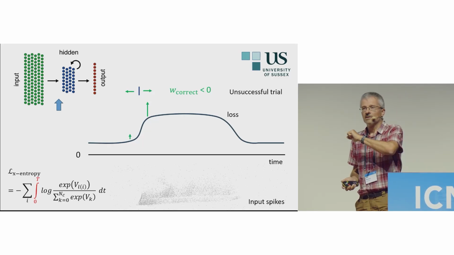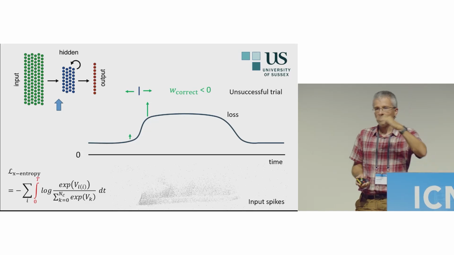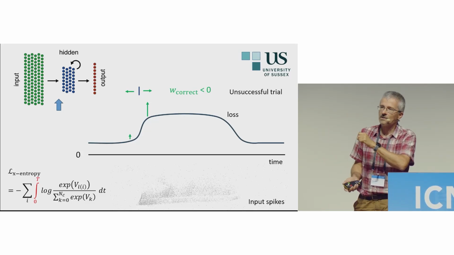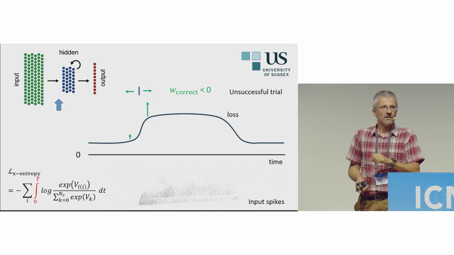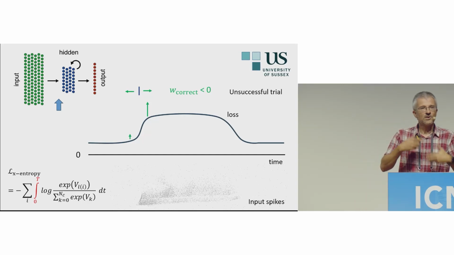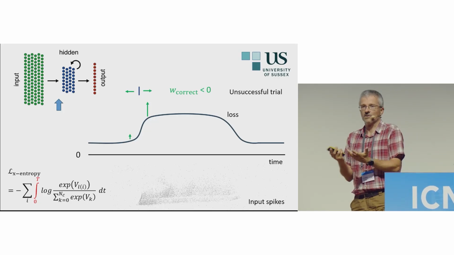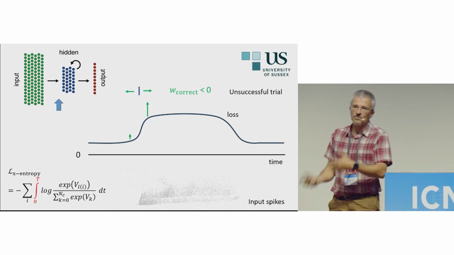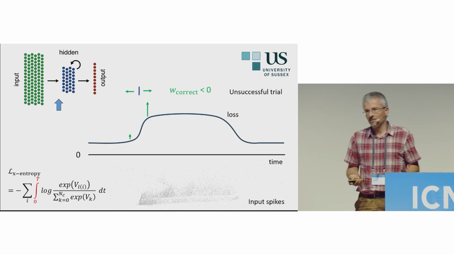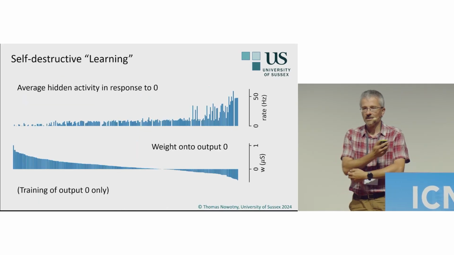And the ones that do the wrong thing, that suppress the output neuron that should be high voltage, are being moved forward, and therefore they get higher weights and increased activity. And this leads eventually to deleting the spikes in neurons that are useful and increasing spiking in neurons that are not useful. And I could show directly, among other evidence, that this is what was happening.